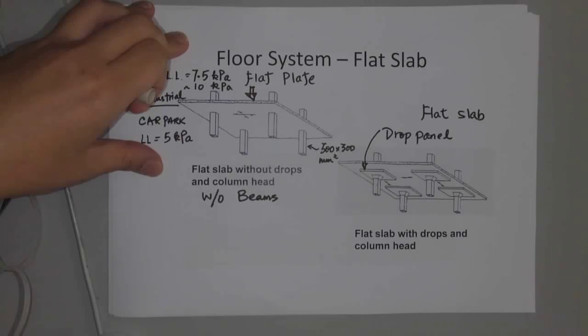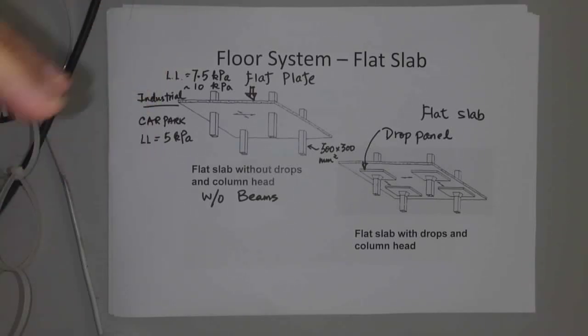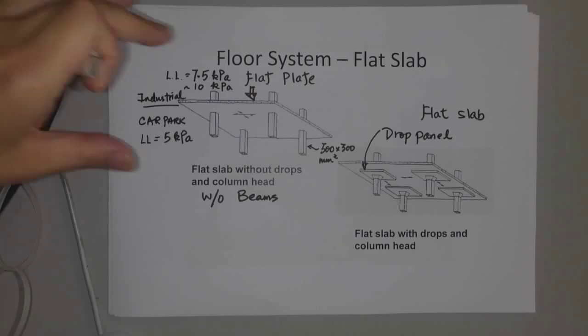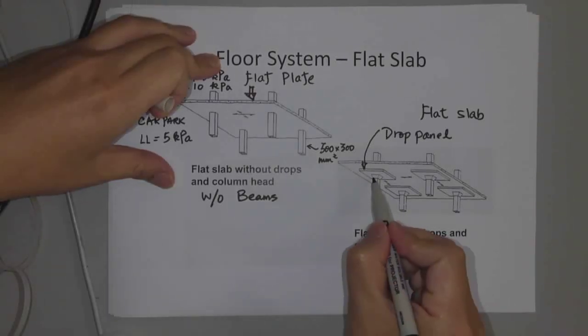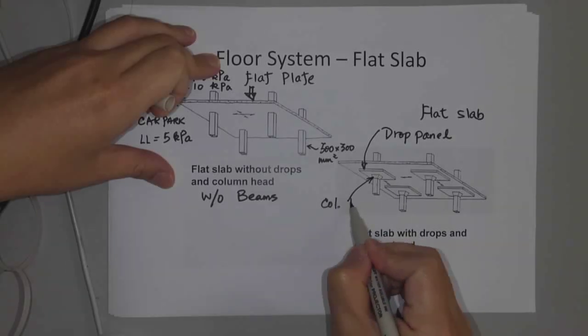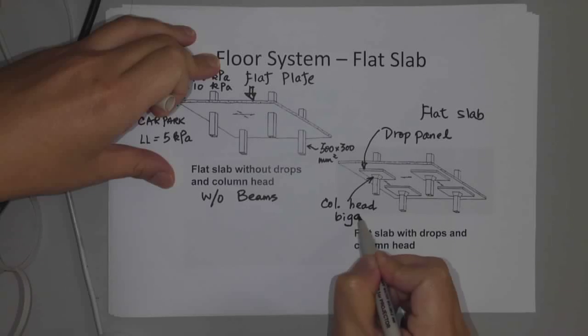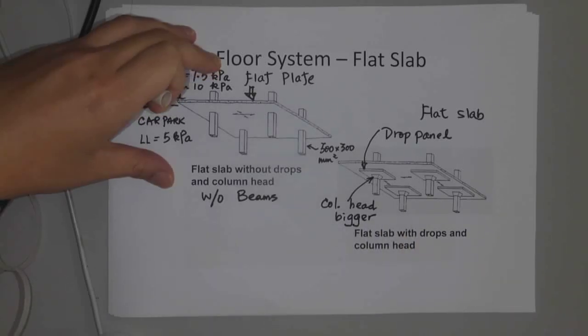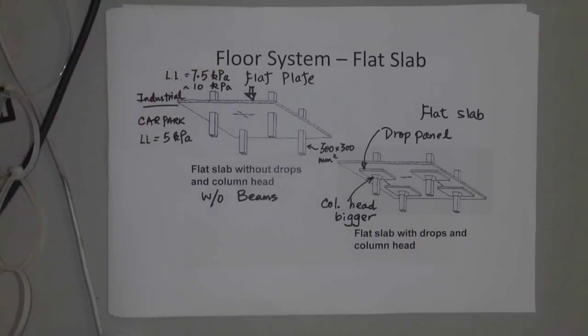And I want to make the column a little bit bigger. But why make the whole column bigger? You only need to make the column head bigger. That's what we mean by a flat slab with a drop panel with a bigger column head.